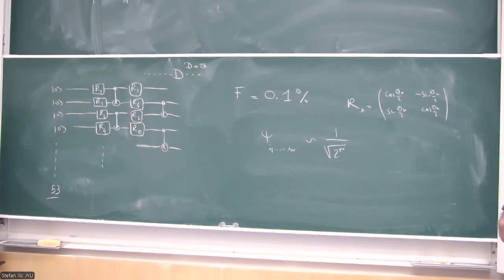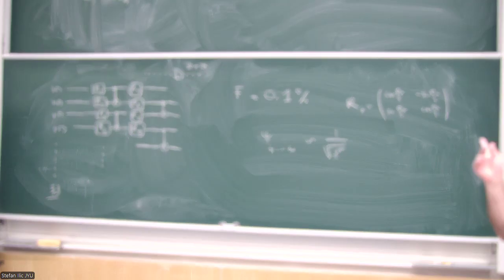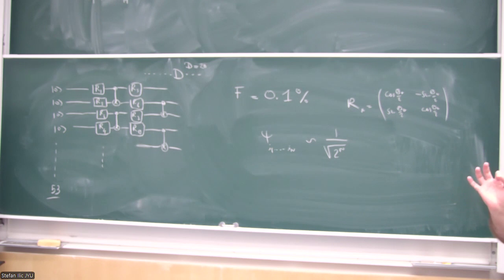It was the first time where someone took an entire system and actually ran it and showed that globally it really worked the way we expected quantum mechanics to work for 53 qubits, mostly the fact that the fidelity decays exponentially with both the number of qubits and the depth of the circuit, as it should. And they got a final fidelity of 0.1%. That means that the state was 99.9% crap, 0.1% quantum. And that's what it means.